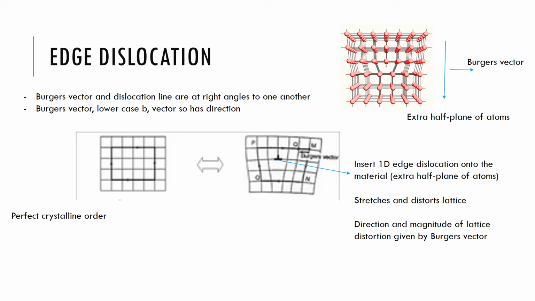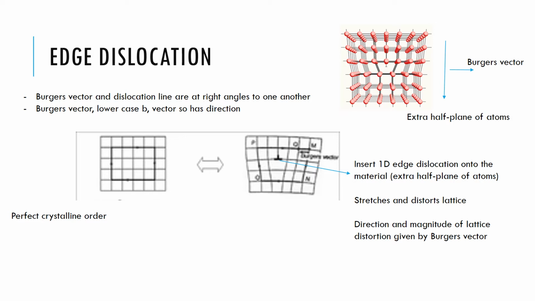So the Burgers vector will always lie at an angle that is perpendicular to the dislocation line itself. So the dislocation line runs throughout the material. You can see there's an extra half plane of atoms in both of those schematics there. And the Burgers vector will lie at a perpendicular angle to that.